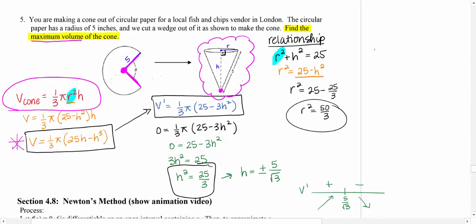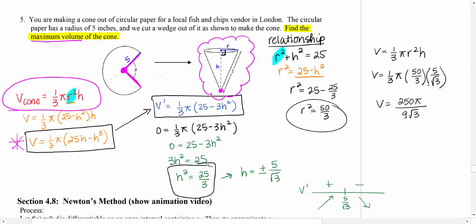So since I know my volume was 1/3 pi r squared h, r squared is 50 thirds, and h is positive 5 over square root of 3. So that wasn't very hard for me to figure out r squared and h, so I just like this formula better. So 50 times 5 would be 250 pi over 3 times 3, so 9 square root of 3.